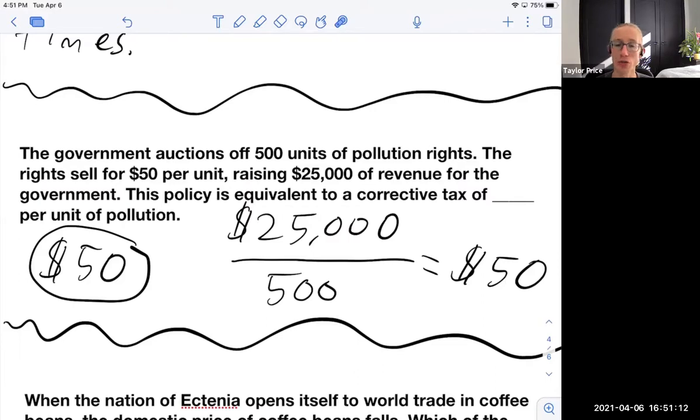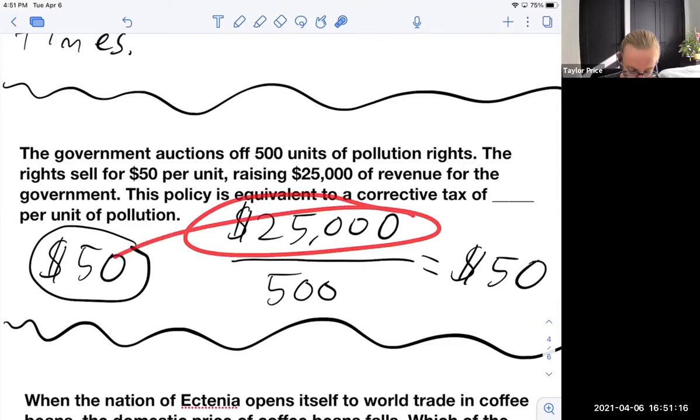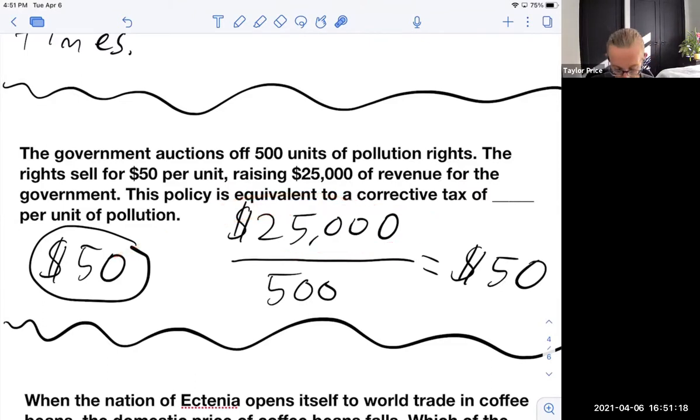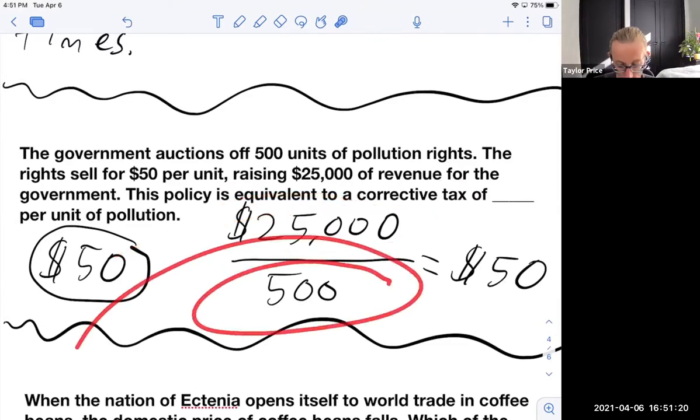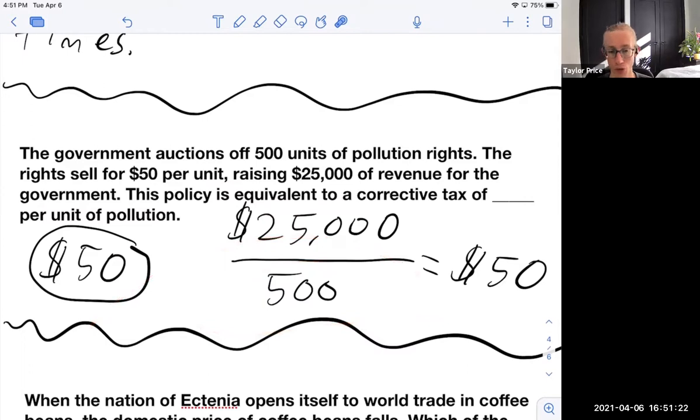So all you need to do for this question is simply divide the revenue that the government's collecting by the number of units of pollution rights, which in this case gives you 50. So the government should have a corrective tax of $50.